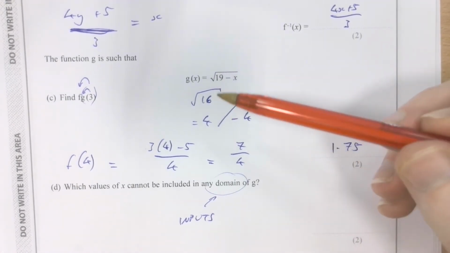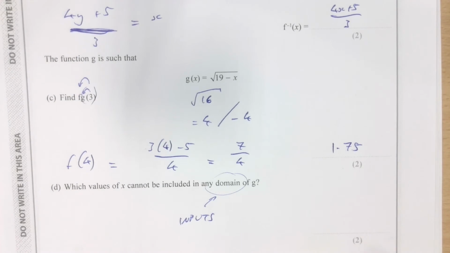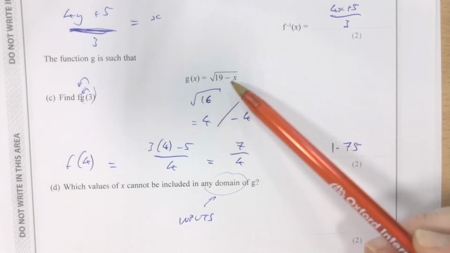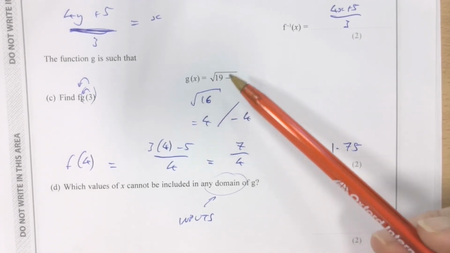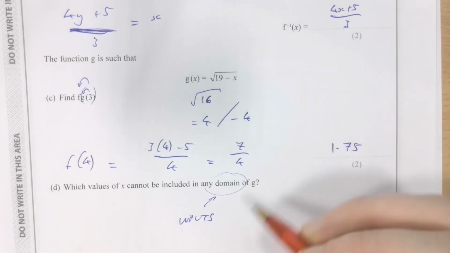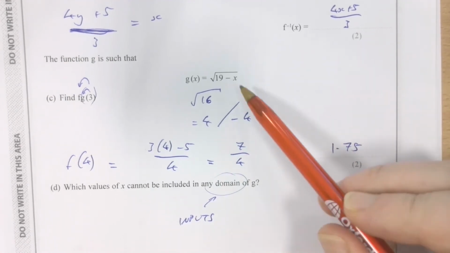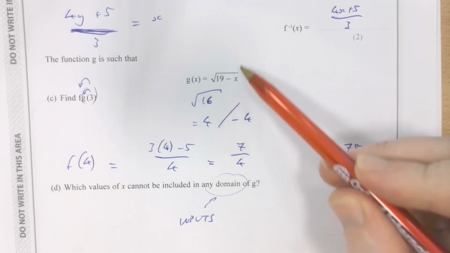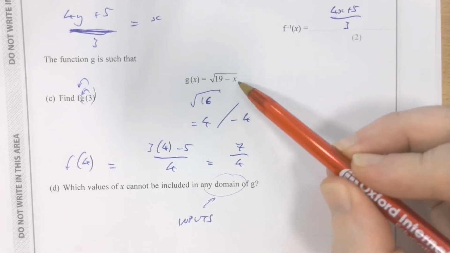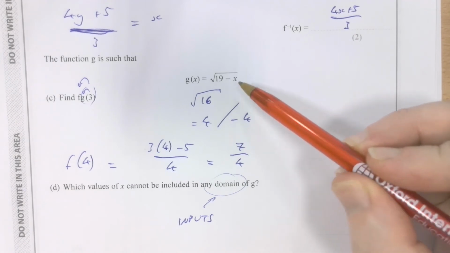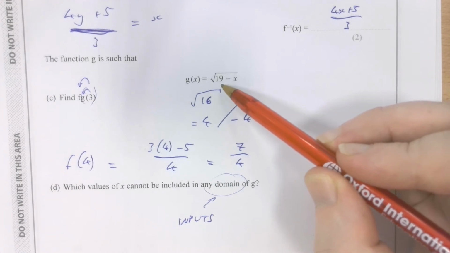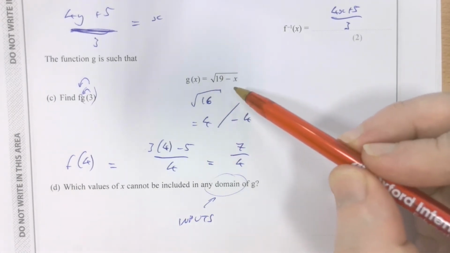We can only find square roots, assuming real numbers, when the roots are positive, right? If this square root was positive, then we'd be able to find it. I mean, you could say the square root of 0 is 0 as well. So I suppose if x was 19, 19 take away 19 is 0, root 0 is 0, that still works. But if x was any bigger than 19, then this square root would become negative. And at that point, it wouldn't work anymore.